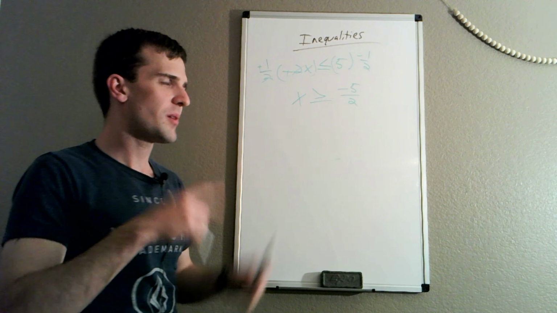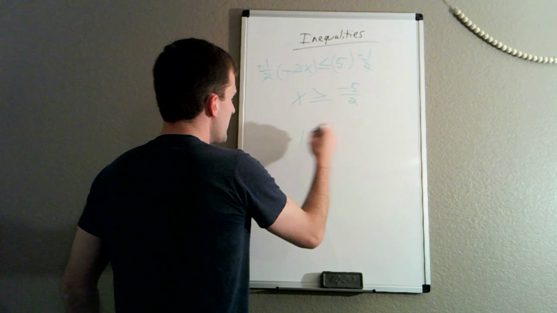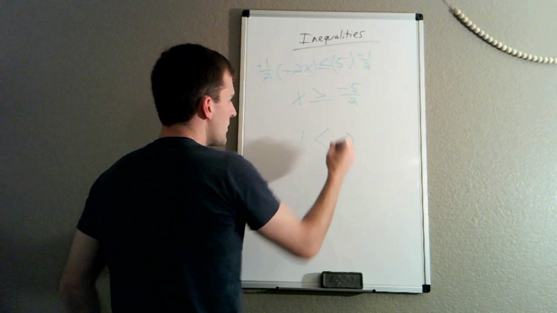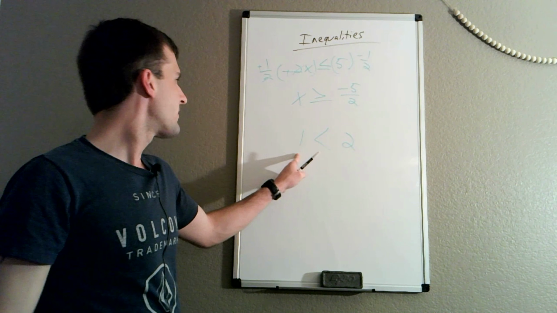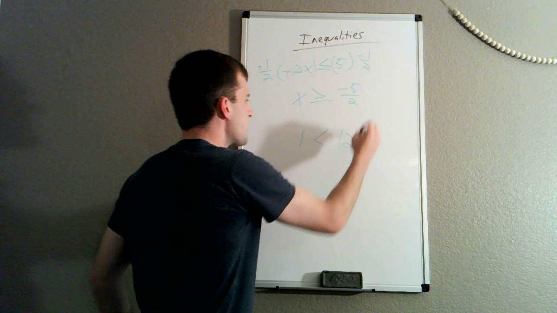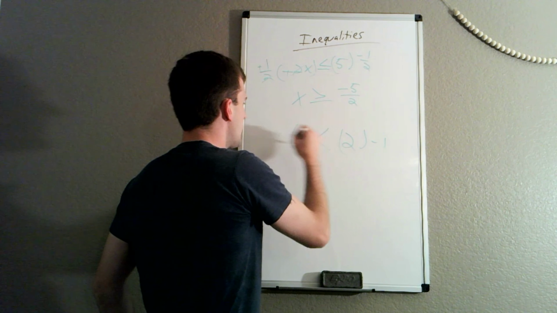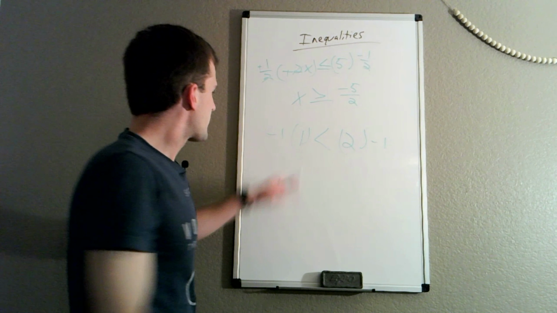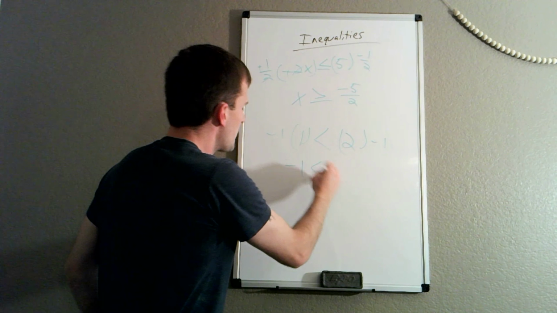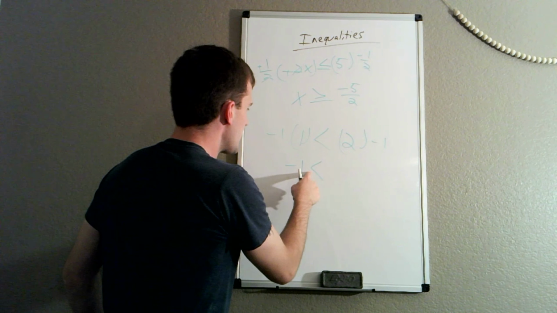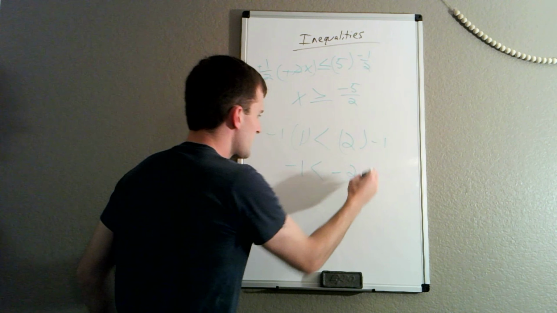So let's say you have 1 and 2, and normally 2 is greater than 1. Now when you multiply both sides by negative 1, you're going to get negative 1. If we didn't flip the sign, we would say that that is less than negative 2.